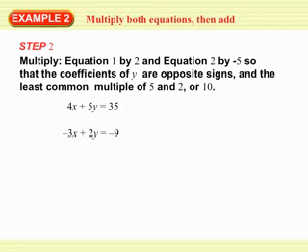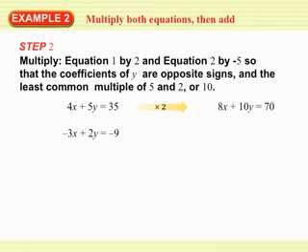And I'm asking myself, what can I multiply the equations by so that I have a matched pair of y terms? Well, the lowest common multiple of 5 and 2 is 10. So if I could get both of these equations to have 10y terms in them, I would be able to either add or subtract the equations together to remove the y terms.